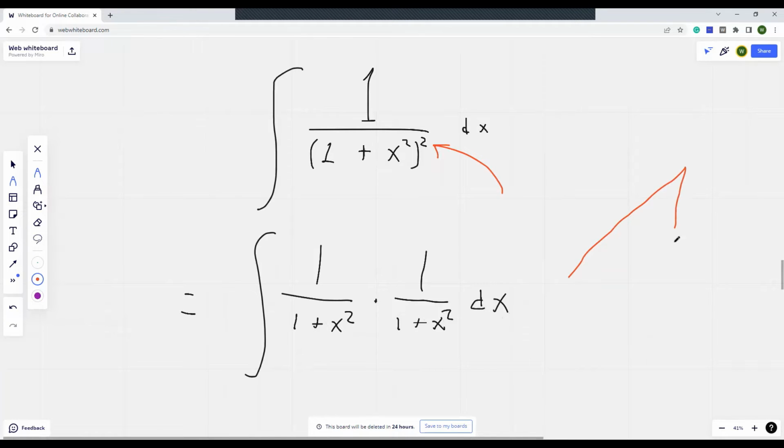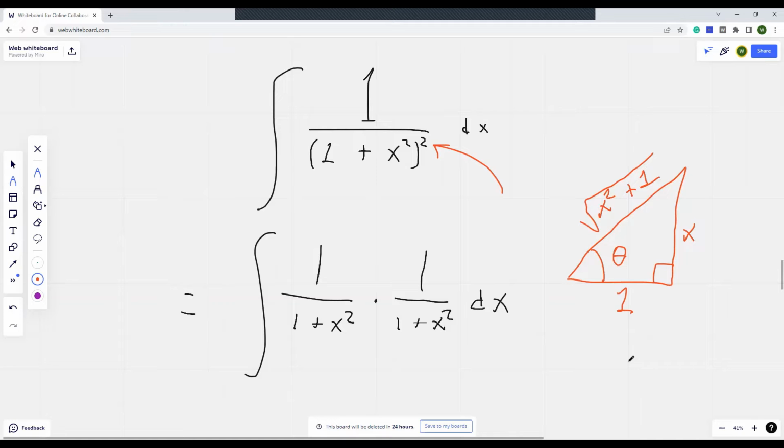So the fact is that we can talk about how this function is defined in terms of a right angle triangle. You've got the angle theta. Let's say that side has the length 1. That side is x. And this side has the length of the square root of x squared plus 1. Okay, true enough.